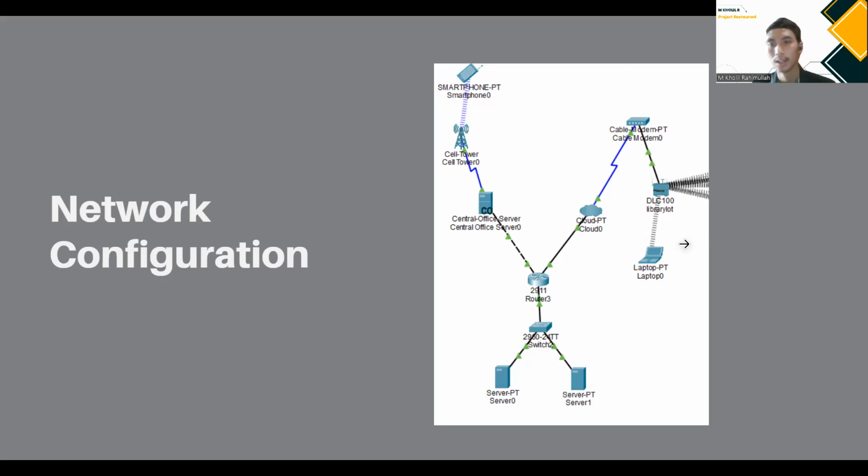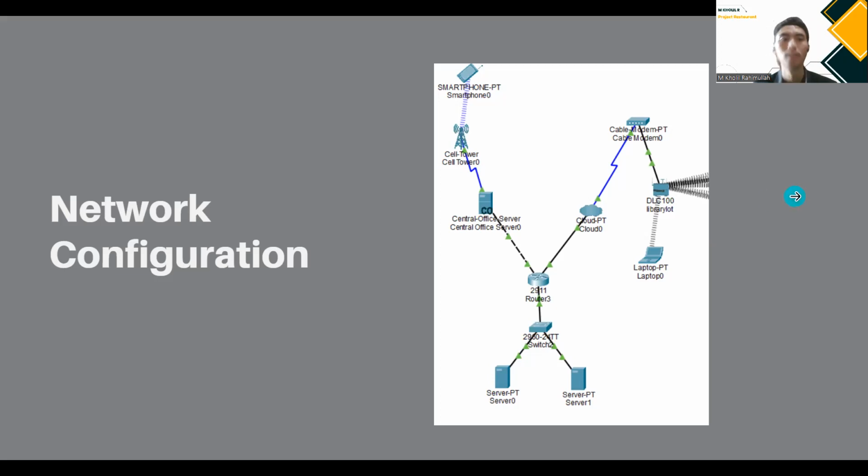So with this DLC 100 we can communicate with the internet and with other devices through the internet. The smart door, light, and etc. get the signal from the DLC 100, the gateway, or wireless and etc.